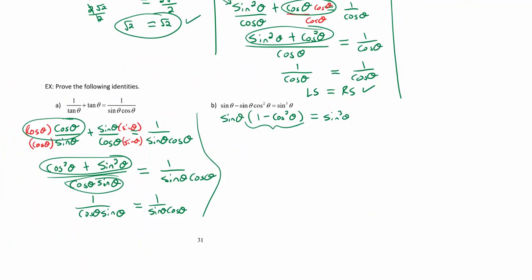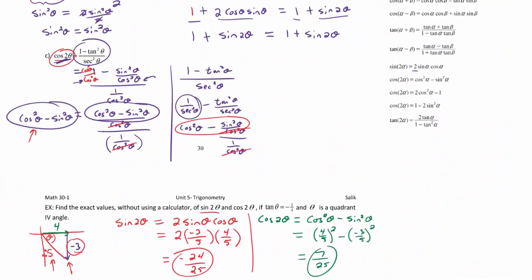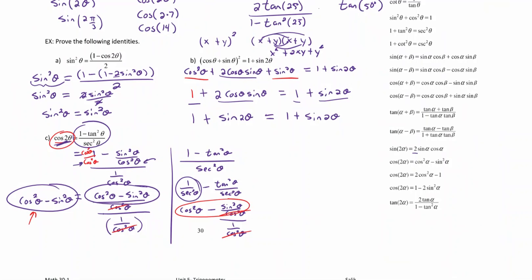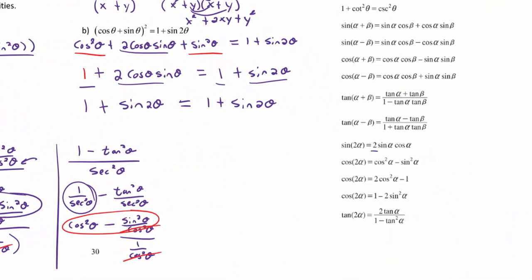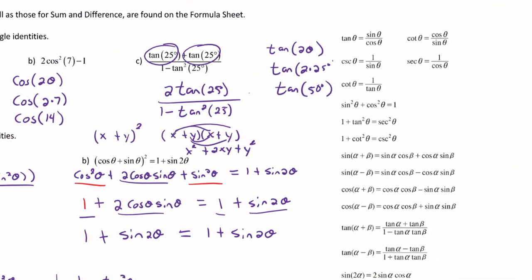So 1 minus cos squared theta. Back to my equations. Wait a minute. Isn't that just the same thing as that? If I just brought the cos squared theta over to that side, that'd be 1 minus cos squared theta. So that's all equal to sine squared theta.